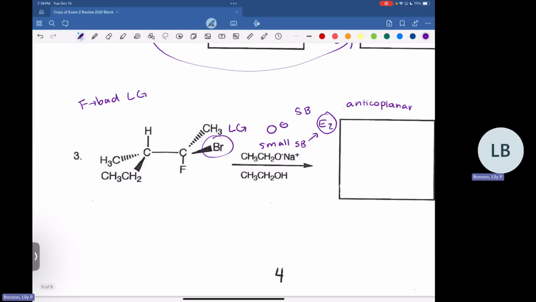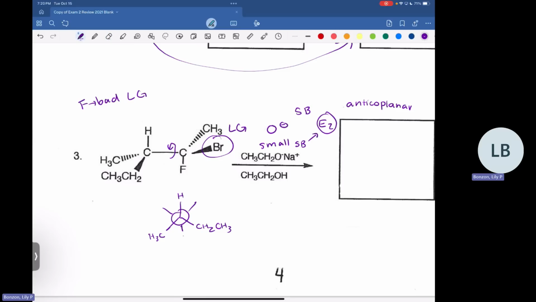If it works for you visually, you can just rotate it and redraw it. One thing you can do is your Newman projection from exam 1, the little stick line drawing with the circles. In the Newman projection, we would want our leaving group to be opposite to the hydrogen.